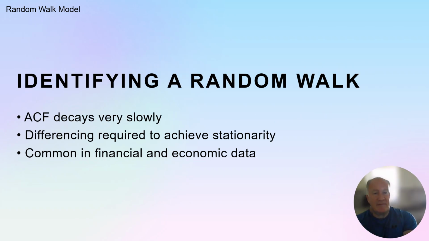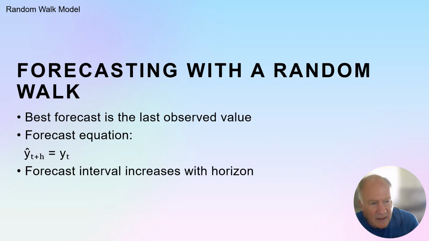So how can you identify a random walk? Well, the ACF decays very slowly, differencing is required to achieve stationarity, and it's common in financial and economic data. If you want to forecast with a random walk, the best forecast is the last observed value.